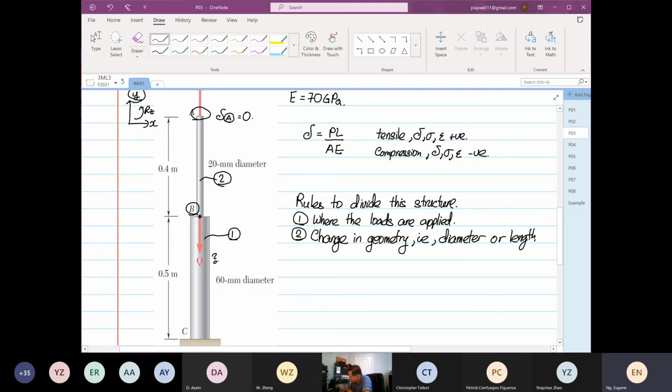So if we just look at the change in geometry, either in length or diameter, again, we have to divide this structure into what? Into 2.